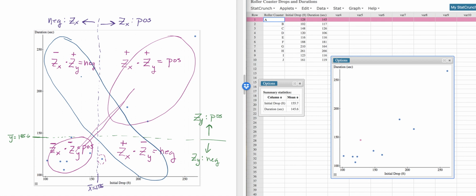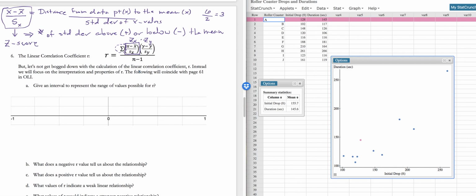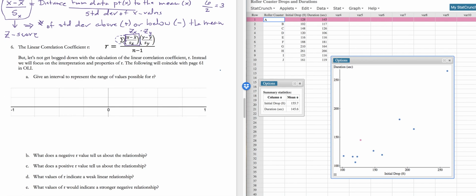That is going to make that linear correlation coefficient come out negative. Which is really what I want you to understand here, is how the placement of those points in relation to the means leads to that correlation coefficient coming out positive or negative. And that's pretty much all we're going to say about this formula, okay?